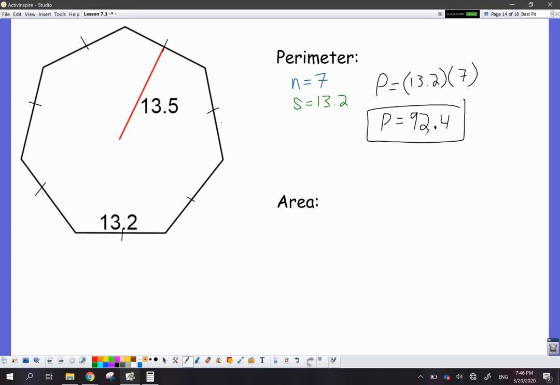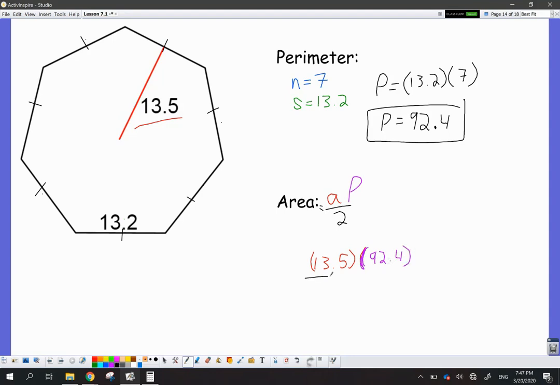And since I already know the perimeter, then for area, I'll use apothem times perimeter divided by 2. So my apothem here, I know that's 13.5. So I have 13.5 times, now do it in purple, times my perimeter, which was 92.4.